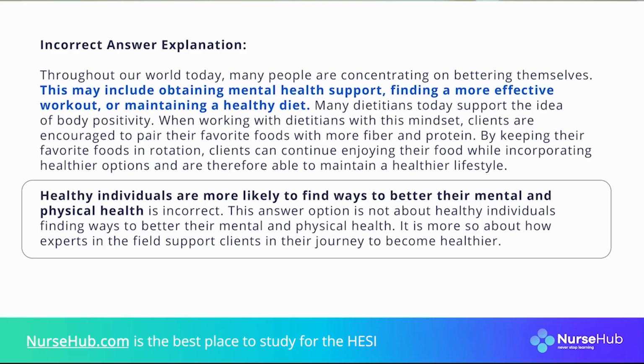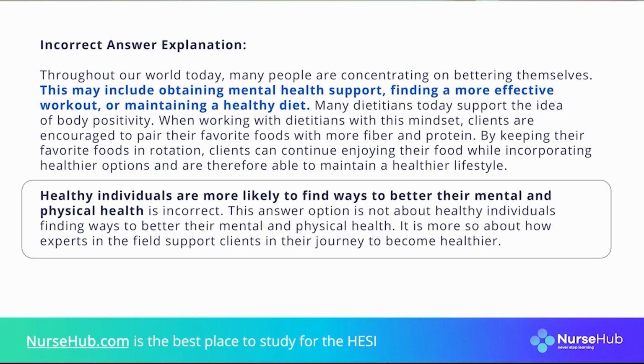All right, here's our next incorrect answer explanation. Healthy individuals are more likely to find ways to better their mental and physical health. This answer option is not about healthy individuals finding ways to better their mental and physical health. It is more about how experts in the field support their clients in their journey to become healthier.